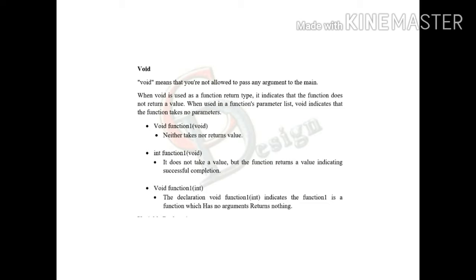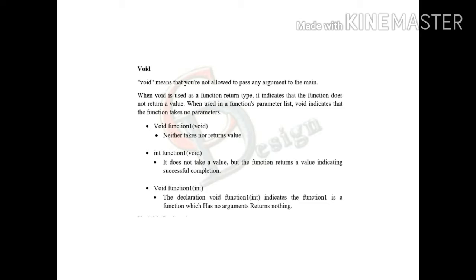So void just means that you're not allowed to pass any argument to the main. And we use this void when we don't need to return any value. So let's take a look at different ways of using the void function. We have the first one, which neither takes nor returns any value. Then we have the second one, which is the int function void.